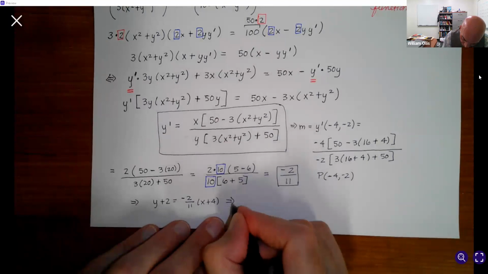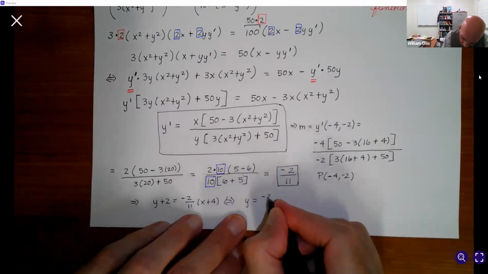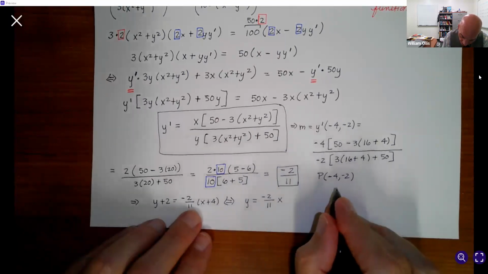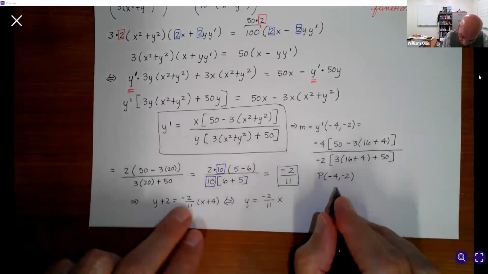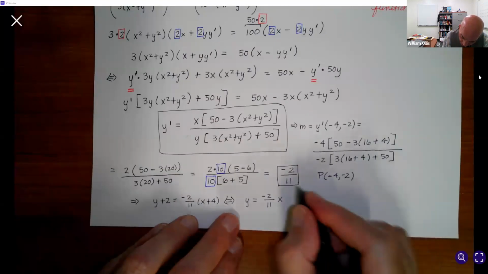So equivalently, we have y equals -2 over 11 x. And of course, when we multiply here before I worry about that, we've got what, -8 over 11.